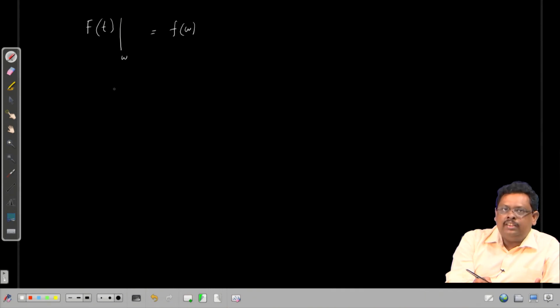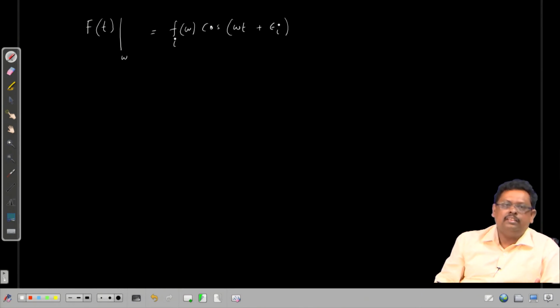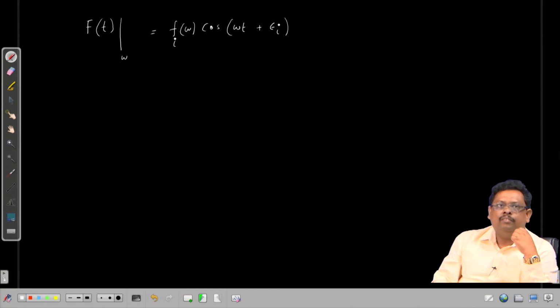Therefore, f of t for some frequency omega is this amplitude f of omega, which we can get using the linear approximation, multiplied by the cos of omega t plus this epsilon, or we can call this epsilon I, f of I. Now, there is a problem, or not a problem, but a thing to notice.